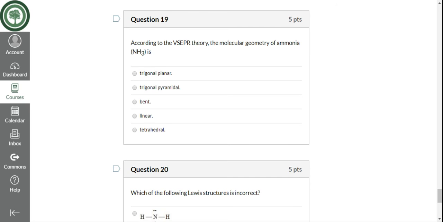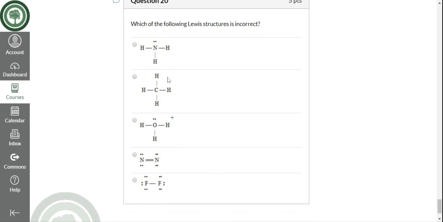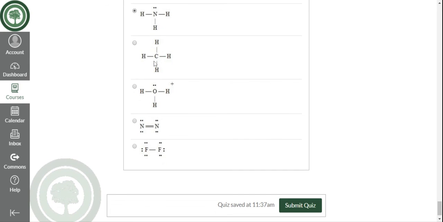We did one that already looked just like this. NH3, it's trigonal pyramidal. With 3 things bonded and 1 non-bonding pair, it's pyramidal, not planar. And which one of these is incorrect? So A looks good. Nitrogen has 3 bonds and 1 non-bonding pair. Methane looks good.